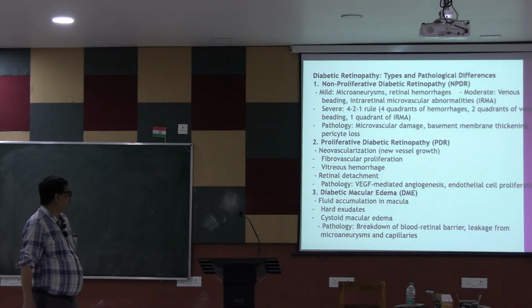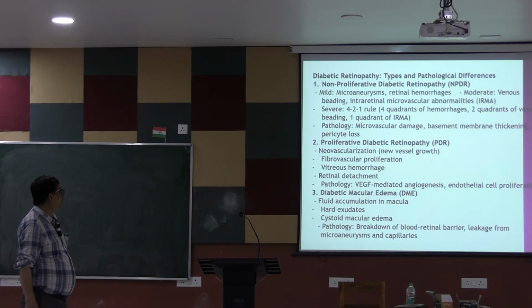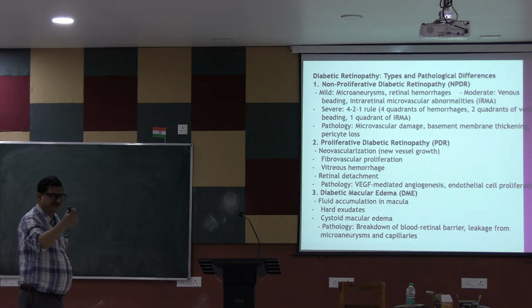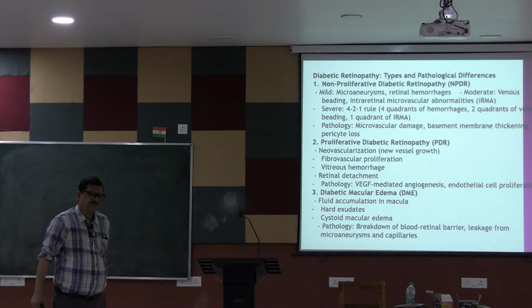Proliferative diabetic retinopathy is the second. When there is microvascular damage and pericyte loss, there will be new vessel growth, neovascularization. Whenever there is damage, our body releases vascular endothelial growth factor.